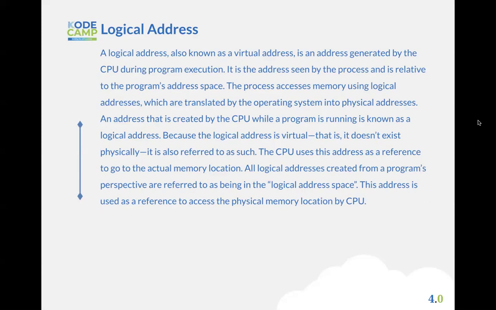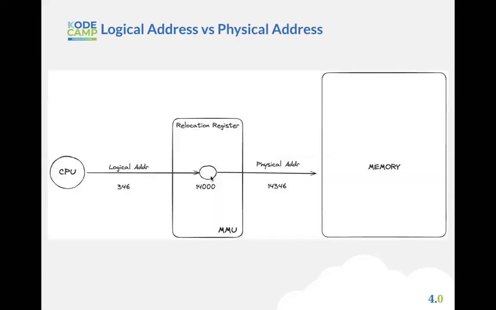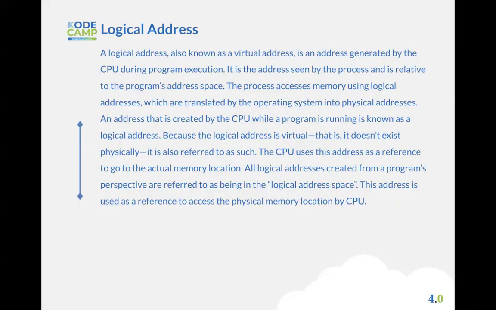The processor accesses the logical address on the main memory, but then that is now translated through the relocation register, the MMU, into the main physical address. Now, how this is an advantage is that the program doesn't use absolute addresses.